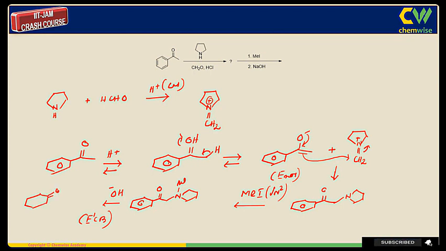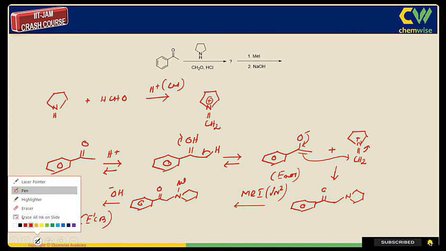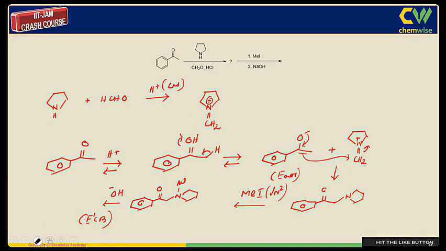Double bond O, and here we will have one double bond. Again, look, we are going to incorporate one double bond here. That's why, just Mannich reaction followed by methylation and elimination.